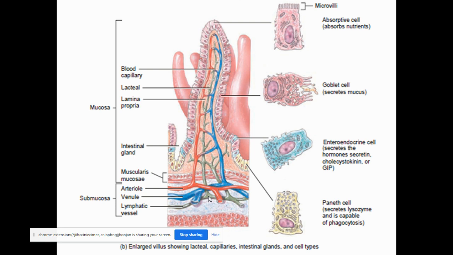What is microvilli? Microvilli are very small, hair-like projections. They are very active. They keep moving to and fro, and they are helpful in the absorption of digested nutrients. The movement is enabled by actin filaments. We will study the actin filaments when we study the muscle.